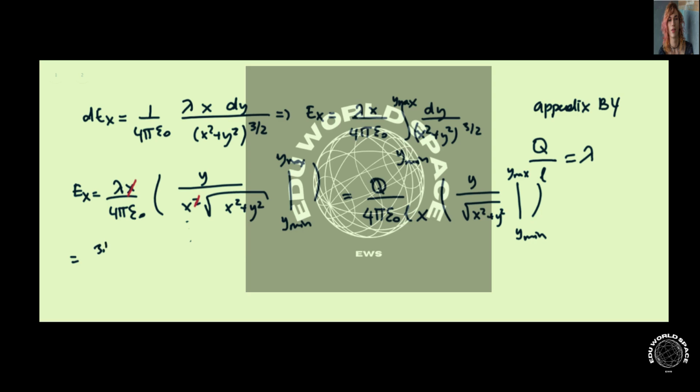Q is 3.15 times 10 to the power of -6 coulombs. I converted microcoulombs to coulombs.